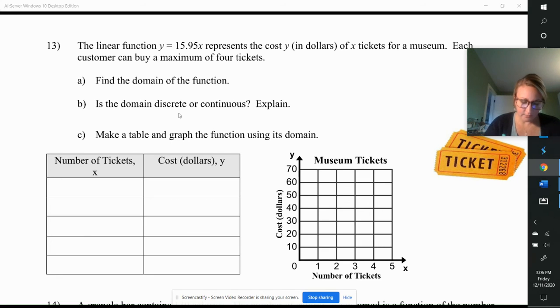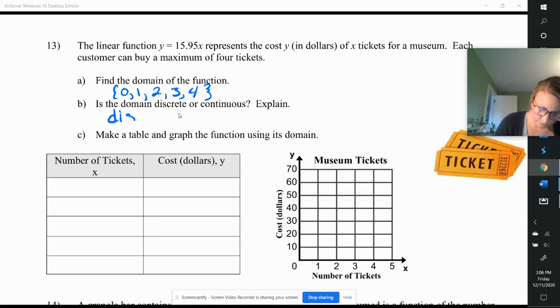So the domain, the possible number of tickets, you can buy 0 tickets, 1 ticket, 2 tickets, 3 tickets, or 4 tickets. That's it. So this domain is considered discrete because you can't buy part of a ticket. It has to be a whole number.